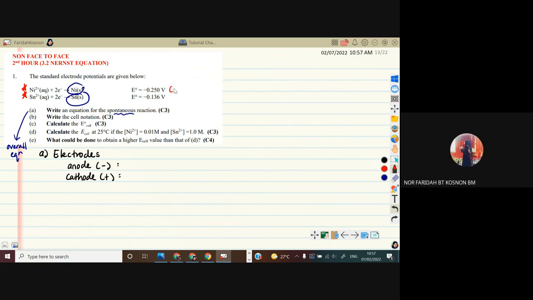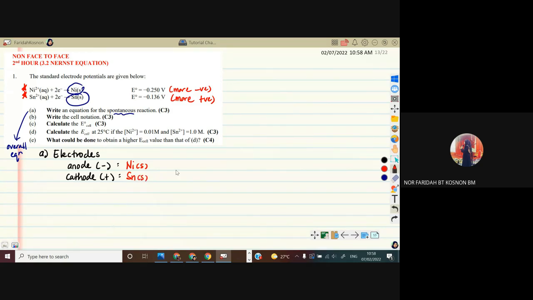So this one is more negative. You must know how to choose. The electrode is nickel solid, not nickel ion, because the electrode must be an object that can conduct electricity. The cathode we choose is the electrode with the more positive value, so the cathode is tin solid.